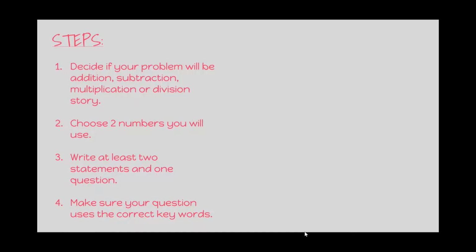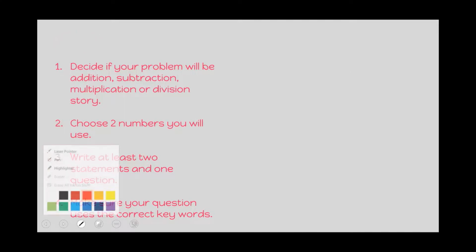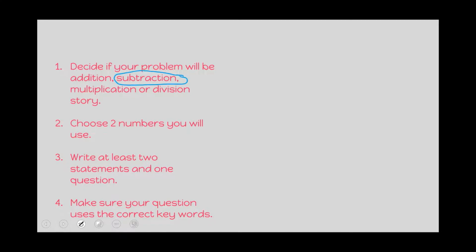Okay, so now Miss Monsivais is going to practice writing her own word problem by following the steps. So I'm going to follow the first step. The first step is that I need to decide if my word problem will be an addition, subtraction, multiplication, or division story. I think that I want my problem to be a subtraction problem. Okay, so I've decided. I've done step 1.